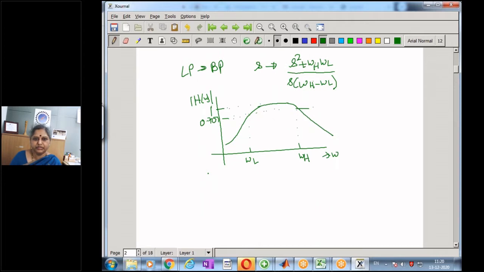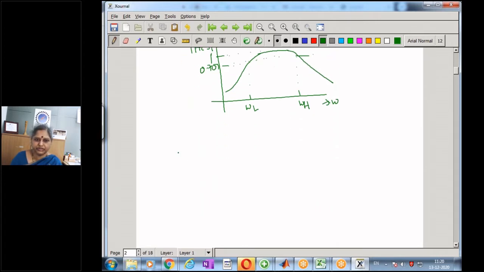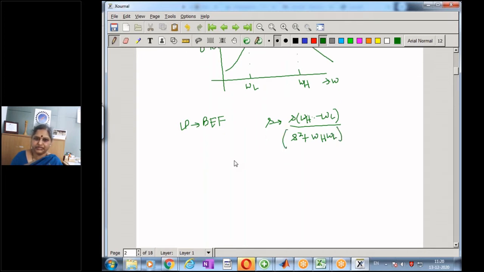Similarly, if I want to convert my low pass filter into a band elimination filter, we apply the transformation: we replace S by S into omega H minus omega L, divided by S square plus omega H into omega L, where the frequency response is given in this manner.